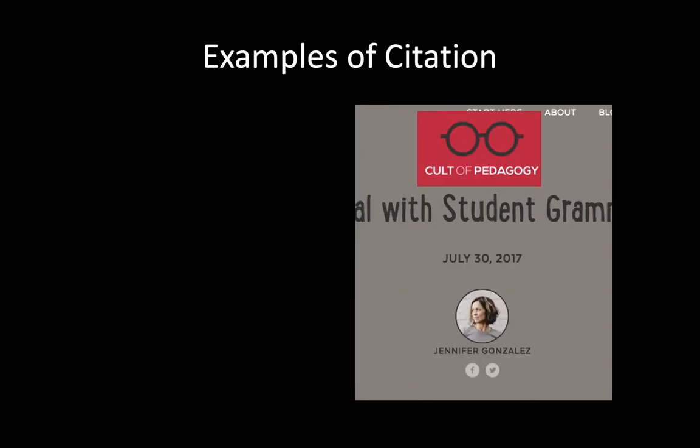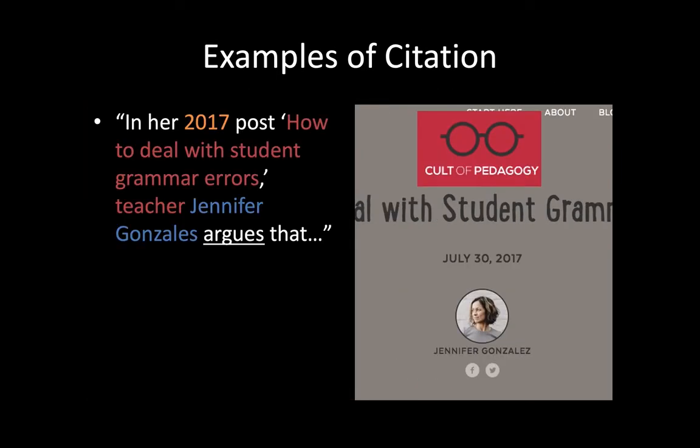How can you cite that? Here are some examples. In her 2017 post, How to Deal with Student Grammar Errors, teacher Jennifer Gonzalez argues that. So here we gave the name of the person, we said that she was a teacher, and we gave a title to the post. I think all of those things help us establish the credibility of this post. But you can see that it takes a bit more work to cite something like this.